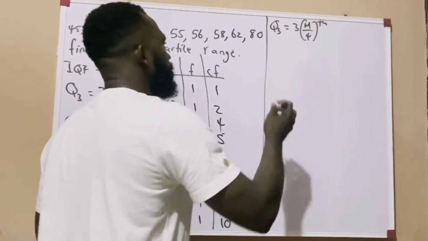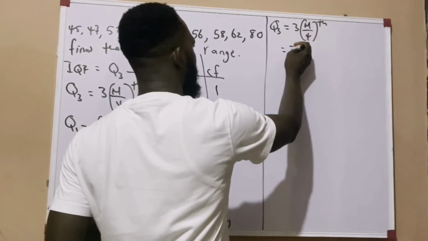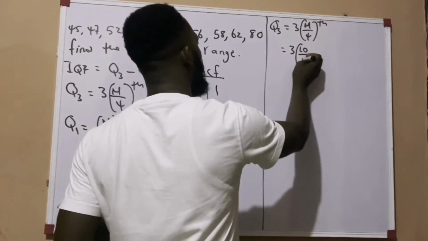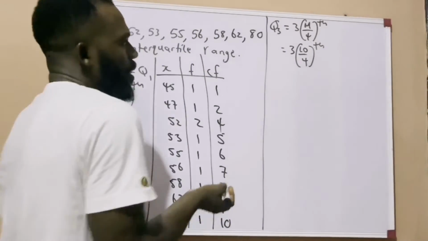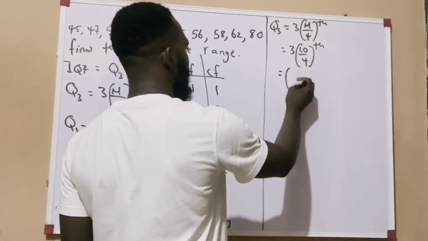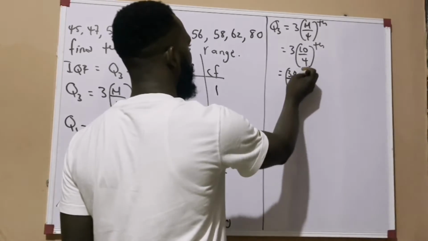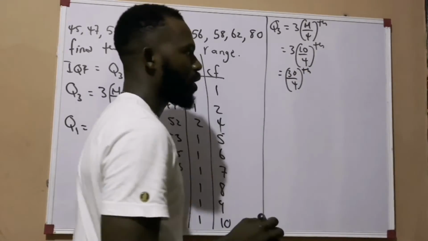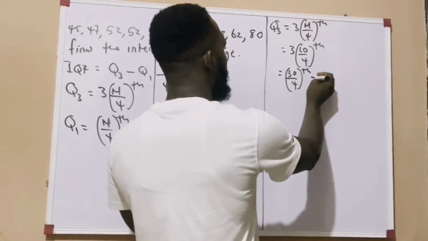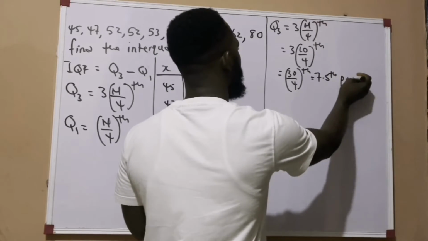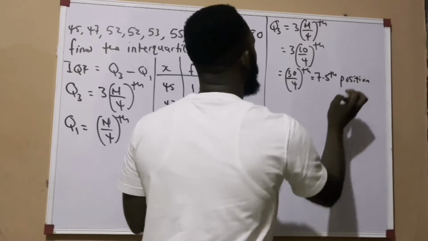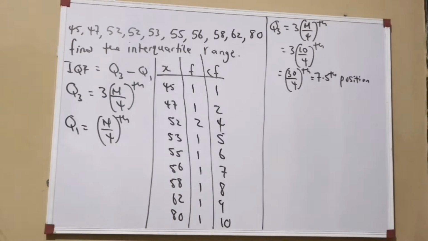So it becomes 3 times 10 over 4. 3 times 10 gives us 30 over 4, and 30 divided by 4 gives us 7.5 position. 7.5 is not the answer, but it is the position of our third quartile.